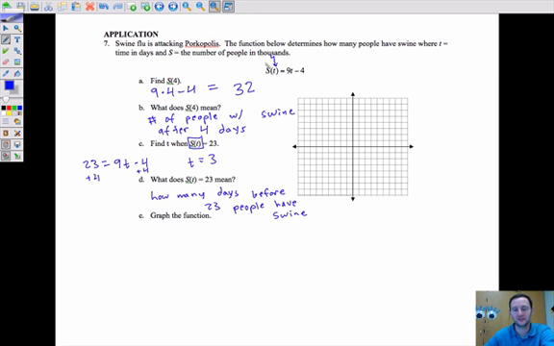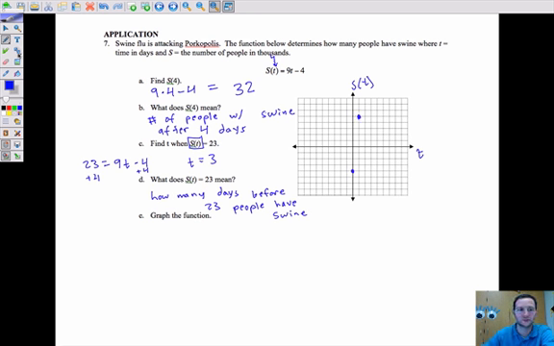Graph the function. This is actually pretty easy. You know this is kind of the t-axis and this is the s of t. So you know the slope is 9. You know the y-intercept, or the whatever intercept, is -4. 1, 2, 3, 4. You go up 9 over 1.